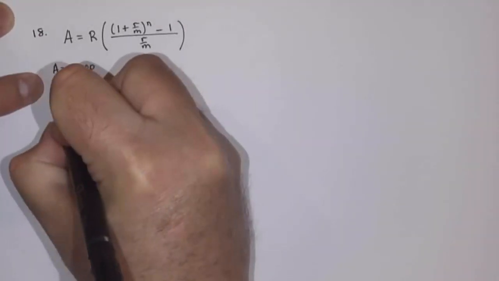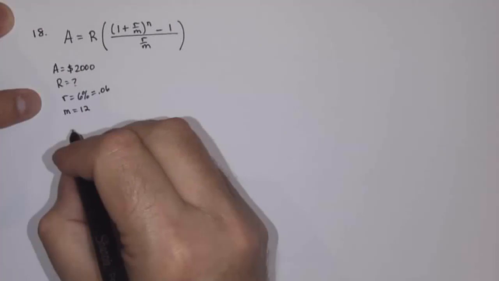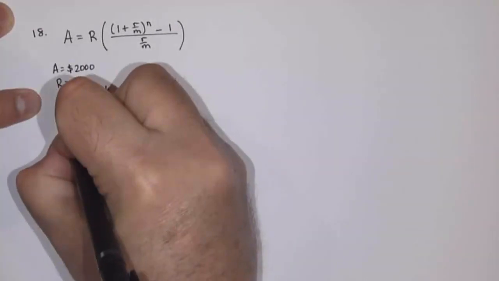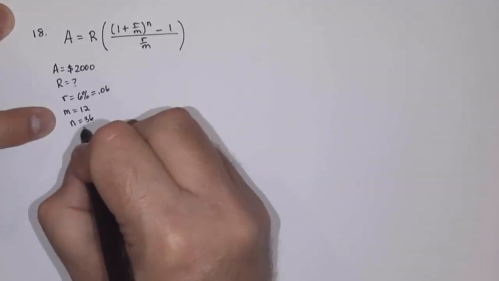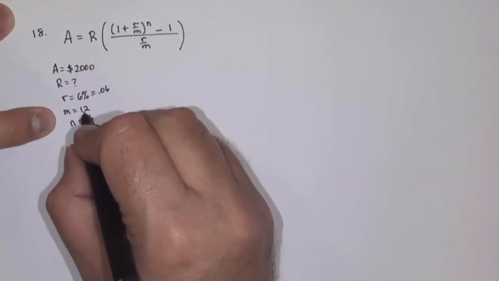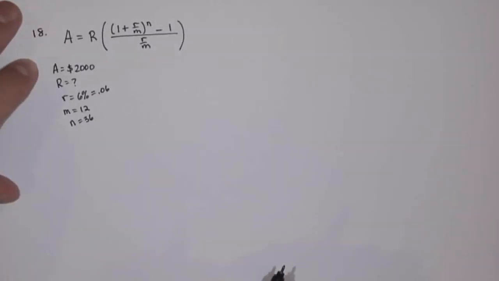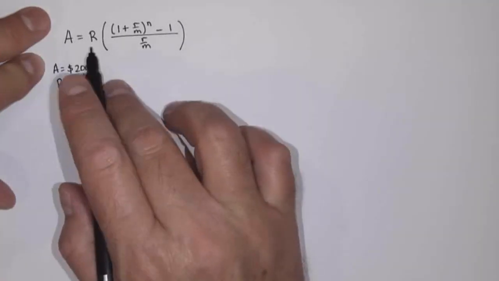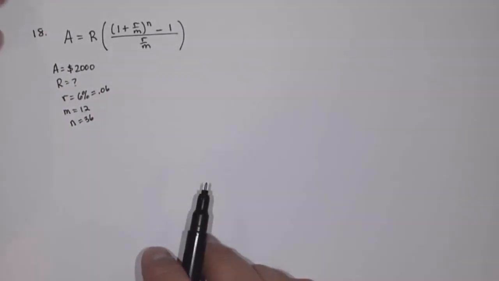So in other words, m equals 12 because we're making monthly payments, and we're going to do that for 36 months, so n equals 36. Directly in that problem we were told what n is, but really that's 3 years. So 12 times 3 equals the 36. So again, our question is, how much do we need to pay each month in order to accumulate that amount?